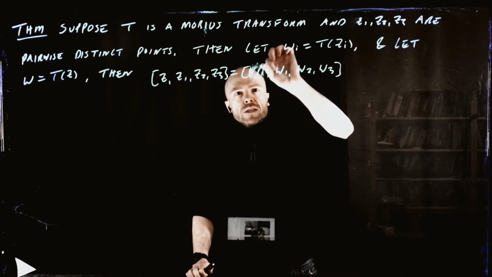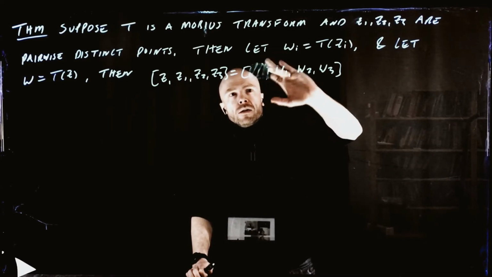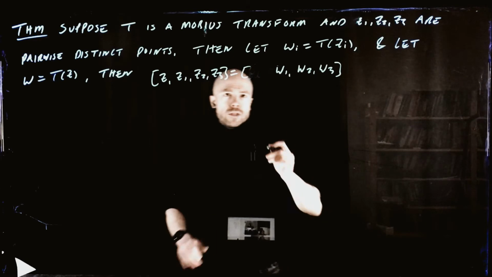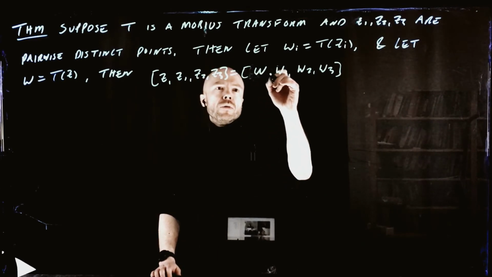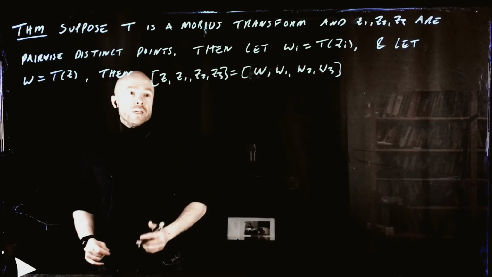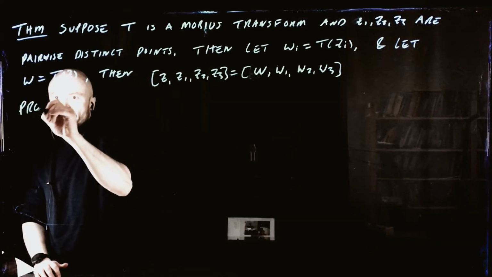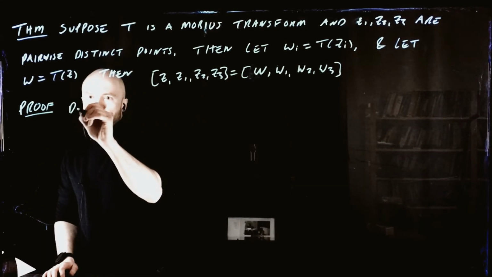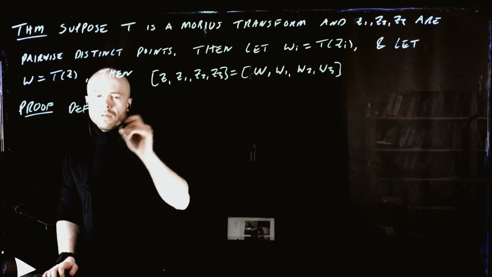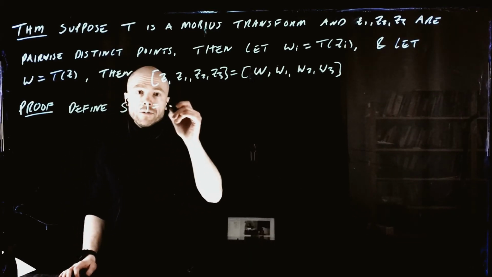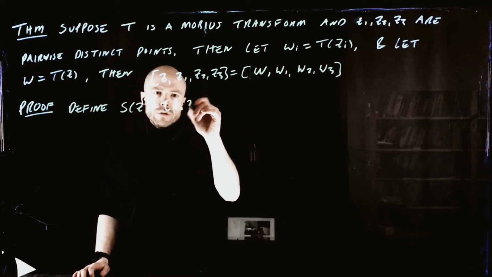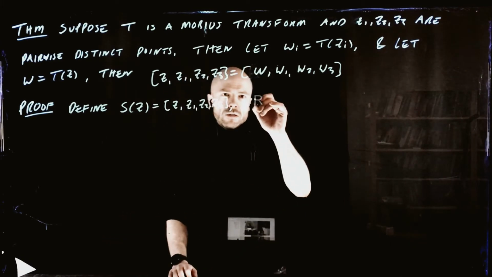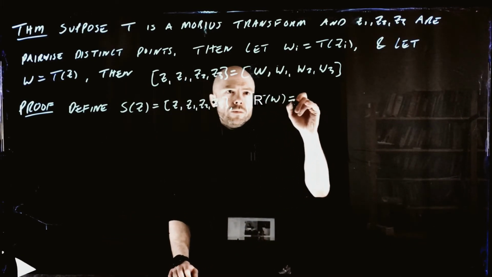The second main reason is that this gives us an excellent way to define symmetry in a more general way, symmetry across circles as well as symmetry across lines. But that's afterwards. Okay, so firstly we need to prove this. Okay, proof. All right, so let's define S of Z to be this guy, and we're going to define the cross ratio with the Wi to be this guy.